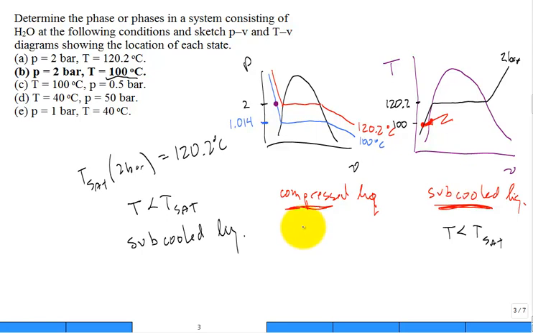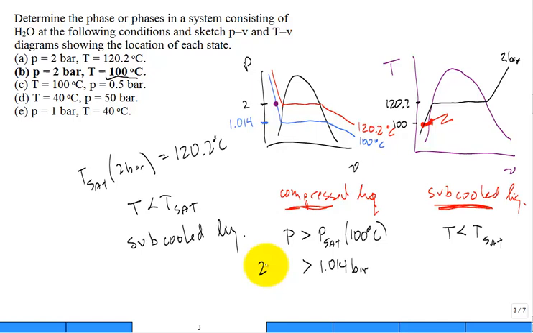If you take a look at here, the pressure of 2 bar is greater than the saturation pressure of 100 degrees C. So it's compressed, it's higher pressure. Let me just emphasize, what was our saturation pressure at 100? It was 1.014 bar.